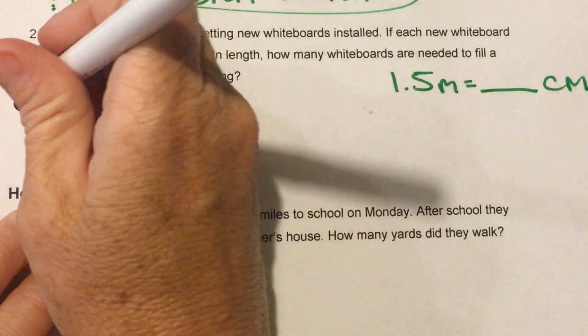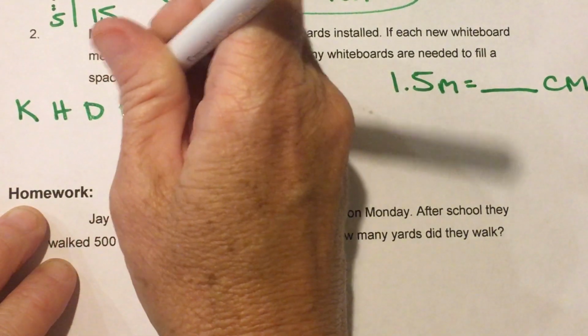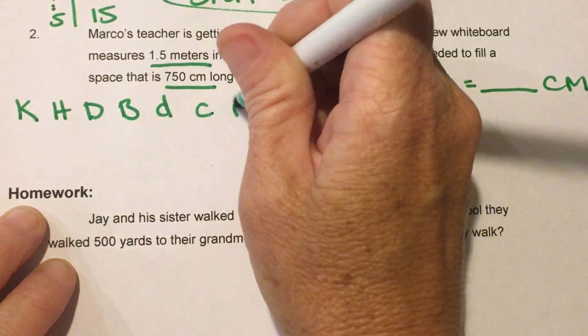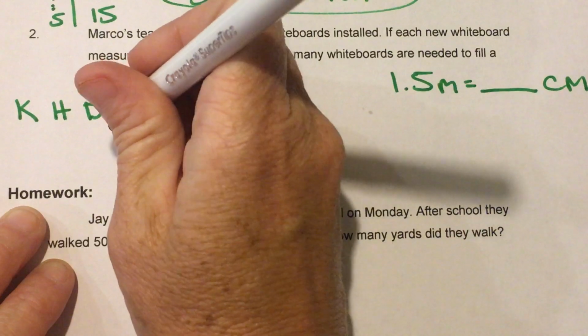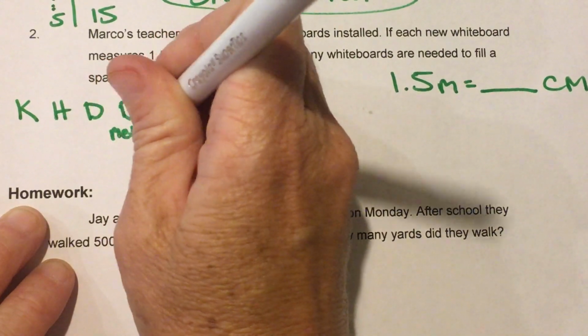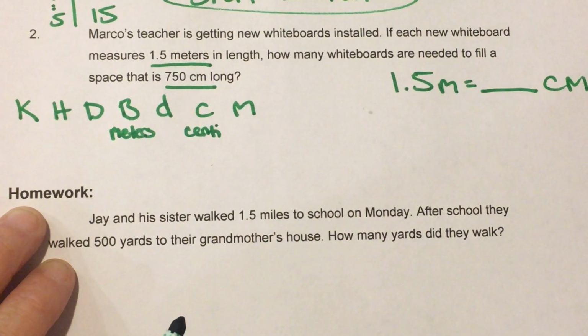Okay, so because it's metric system, we're using king, Henry, died, buy, drinking, chocolate, milk. And we're going to be dealing with meters, which is our base measurement. And we're going to be dealing with centimeters.